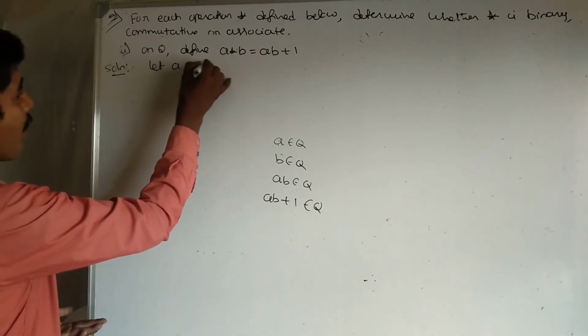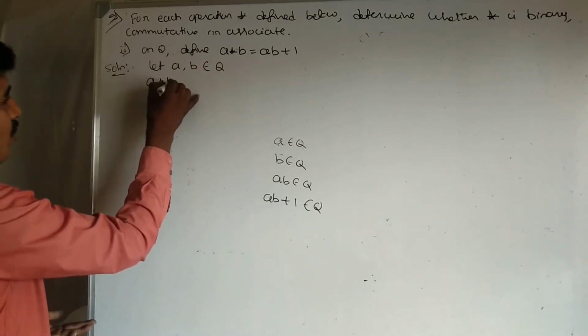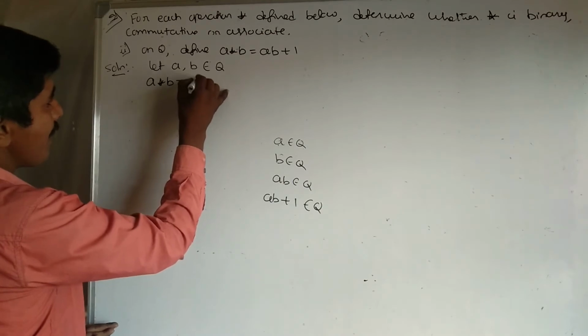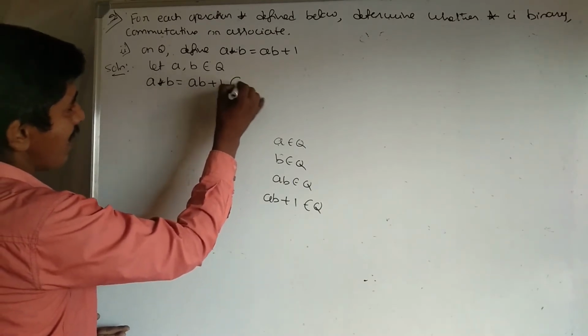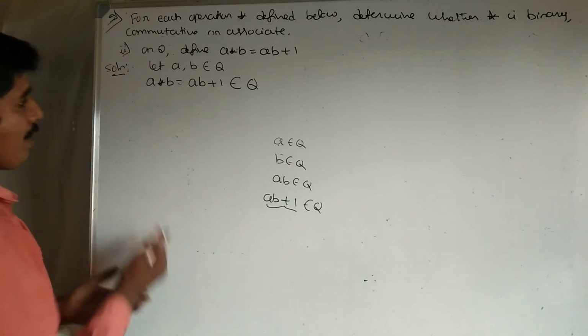Like A, B belonging to the given set Q, directly we can take A star B equal to AB plus 1, which also belongs to Q. It is a rational number.